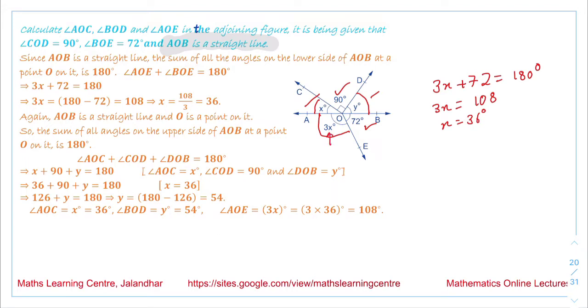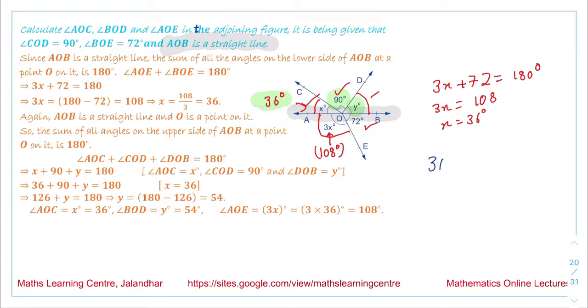So the value of 3x is 108 degrees. So this angle is 108 degrees, and this angle is 36 degrees. Again, AOB is a straight line. So the sum of these three angles, 36, 90 and y, should be equal to 180 degrees.